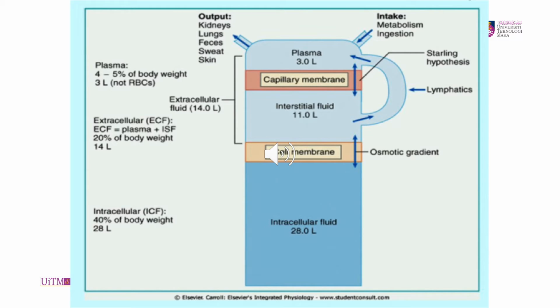And you can see here the water from the interstitial fluid is kept replenishing to the plasma via the lymphatics. And in between the interstitial fluid and the intracellular fluid, you have the cell membrane that water shifts via osmotic gradient.